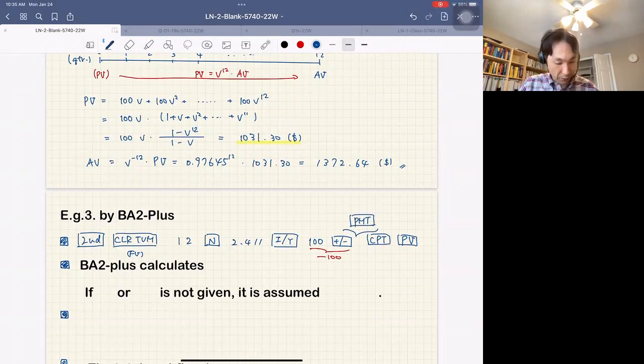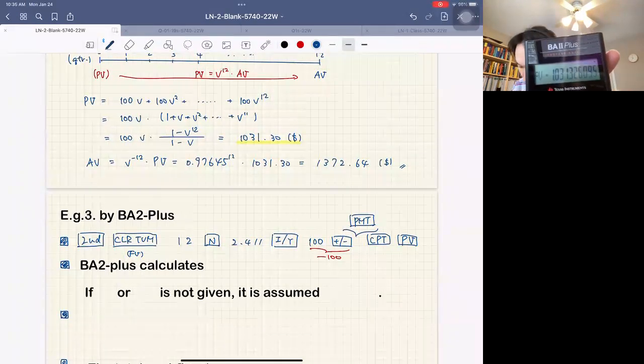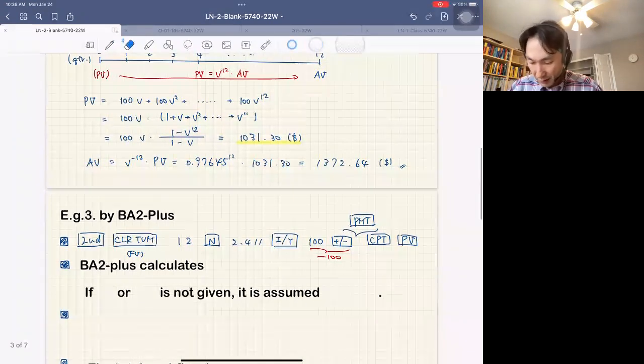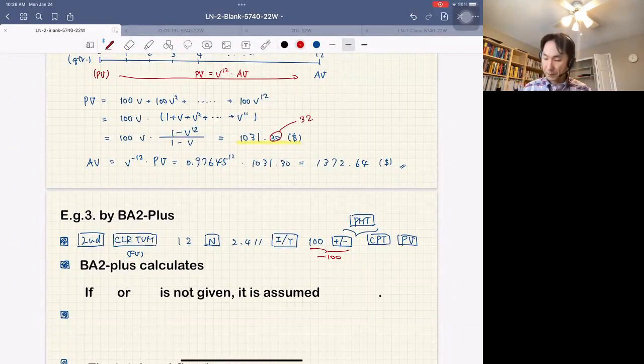Then compute present value. 1031.32. Actually, not 30, 32. Maybe 326. Okay, so maybe this should be 32.6. Yep.